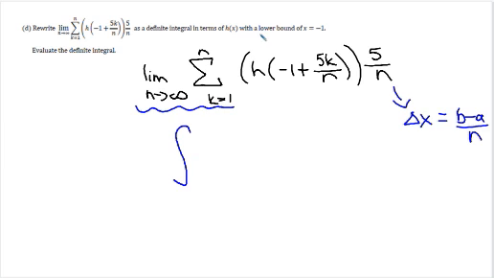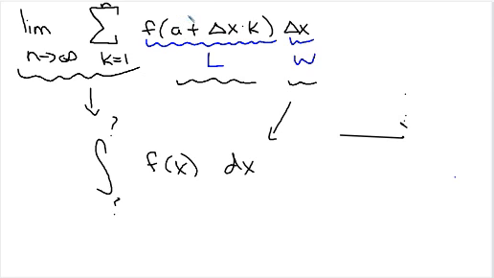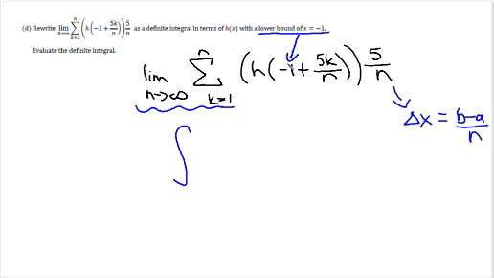And they even told me that the lower bound is negative 1. And guess what? We see the lower bound right here at negative 1. Remember from our definition, this thing right here, this a, is the lower bound. Okay? So our lower bound is negative 1.